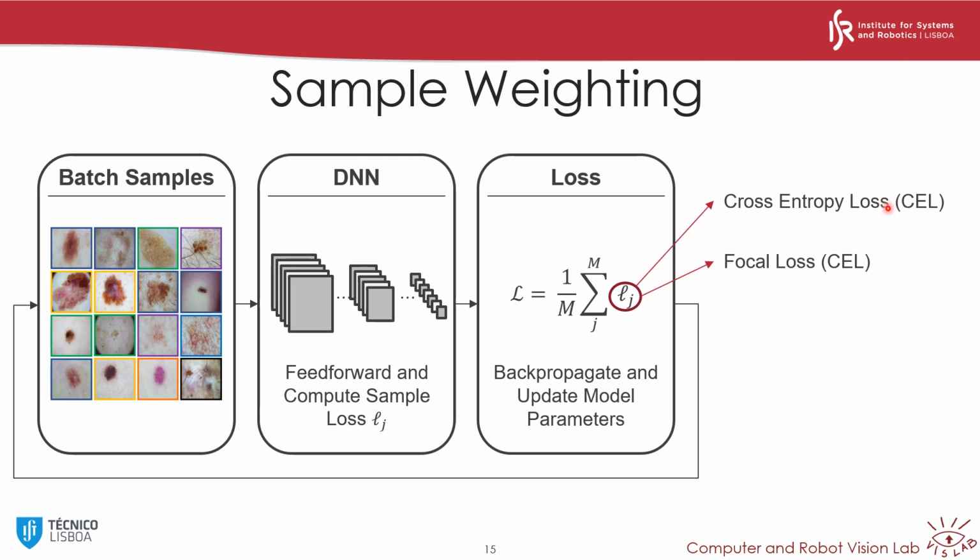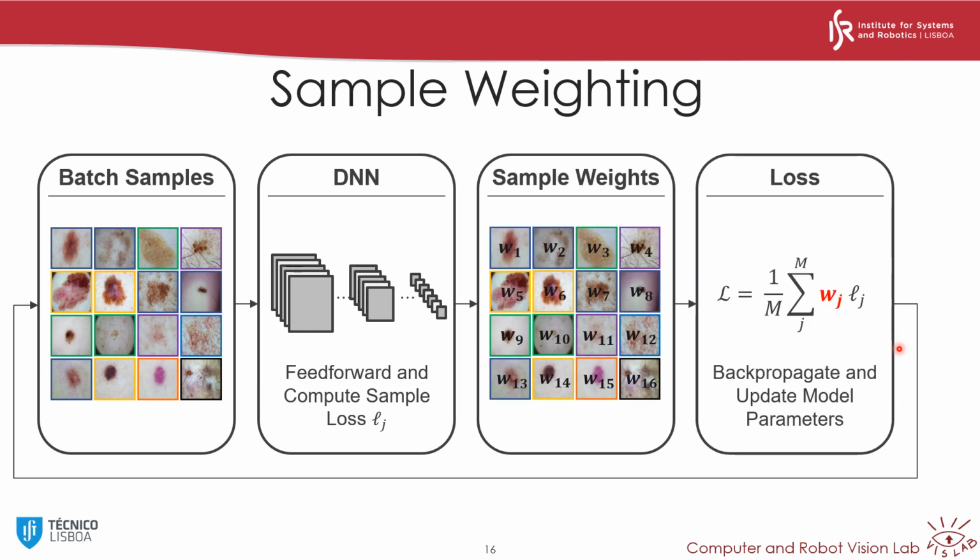However, by itself, cross-entropy is unable to deal, for example, with how easy or hard each sample is. So, to account for that, you have an alternative called focal loss, where you can use a modulating factor to decrease the importance of the easiest samples. But how does sample weighting come into play in all of this?